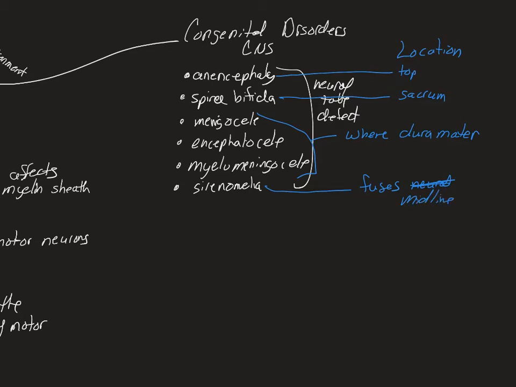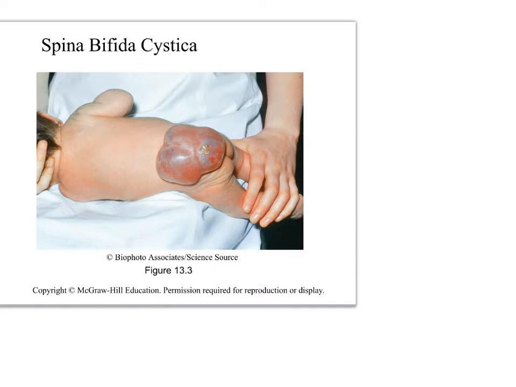Let me see, what do I have next? Let's kind of look at some spina bifida stuff. All right, spina bifida is one of the more common congenital defects, and it has really different degrees of severity.